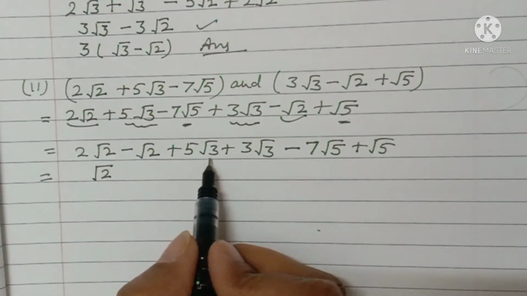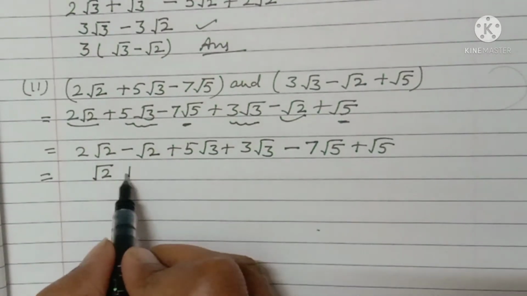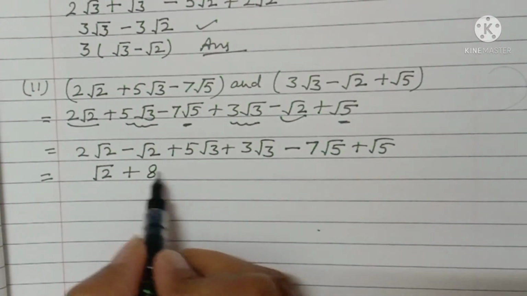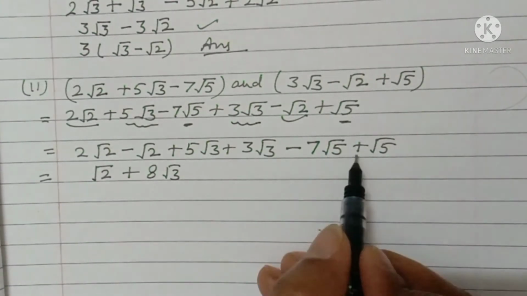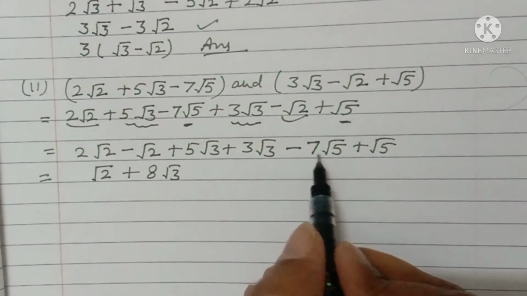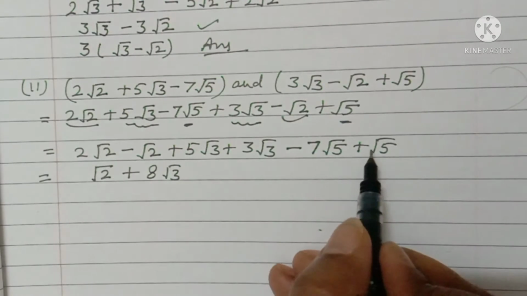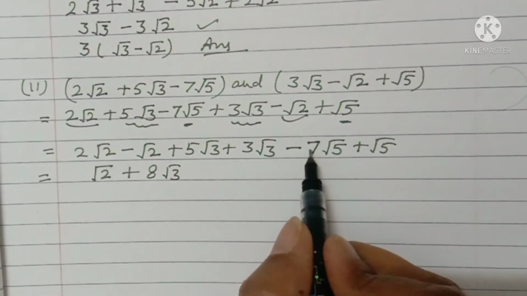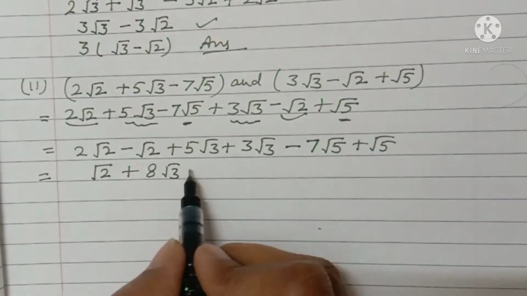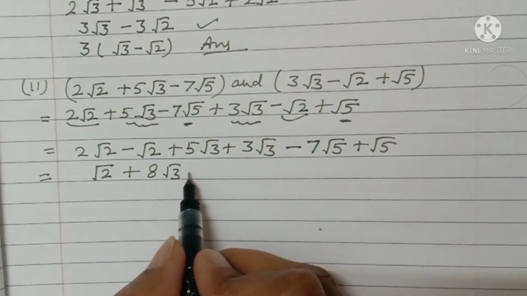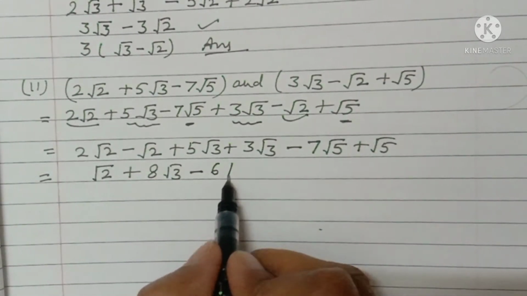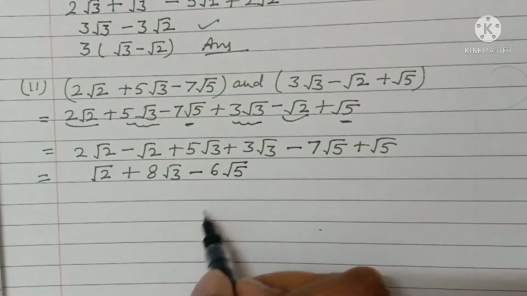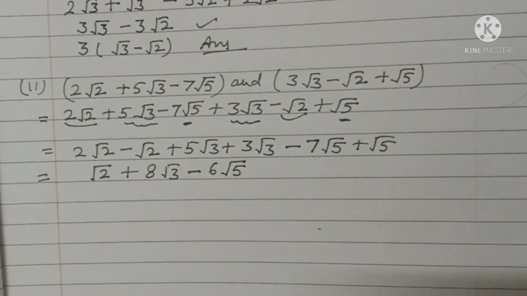Now 5 root 3 plus 3 root 3, 5 and 3 is 8, total 8 root 3. Now here you subtract 7 minus 1, but it is a negative number, so the sign is minus, and you will get 6 root 5. This is the answer.